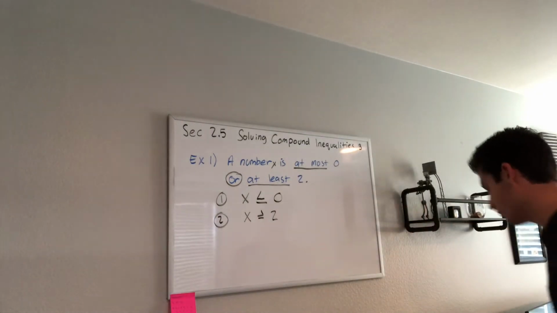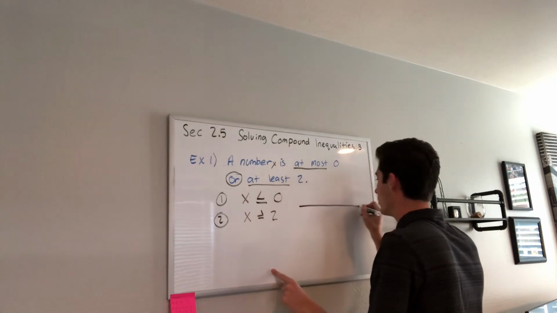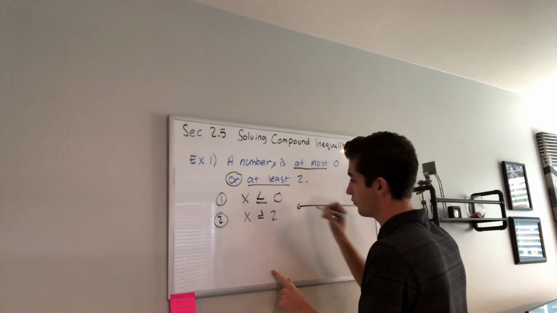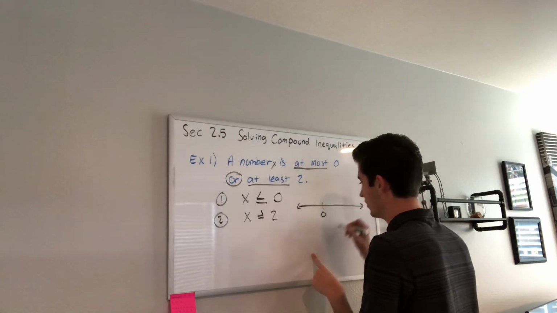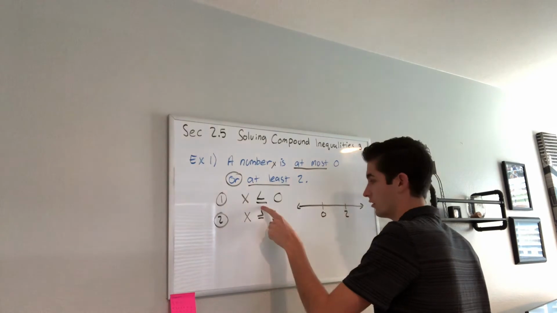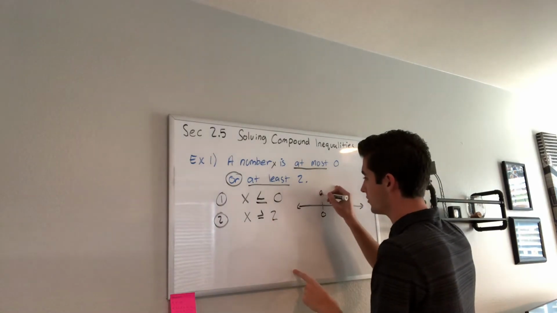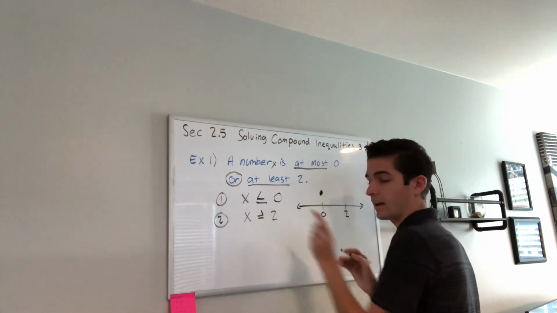And when we go and graph this, just like yesterday, we'll only put 2 points. So we'll have 0 and 2. 0 is going to have a closed dot and is going to be shaded to the left. The arrow points to the left.